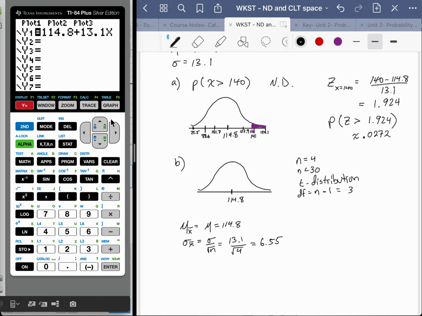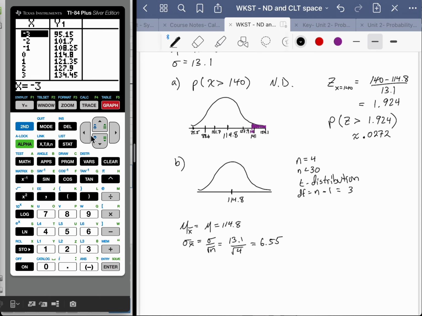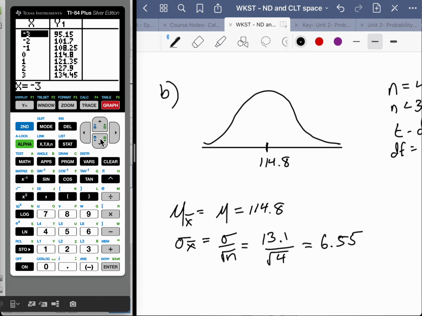So back to my y equals, instead of 13.1, 6.55. Get our values. So again, 3 tick marks in either direction. So 95.15, 101.7, 108.25.